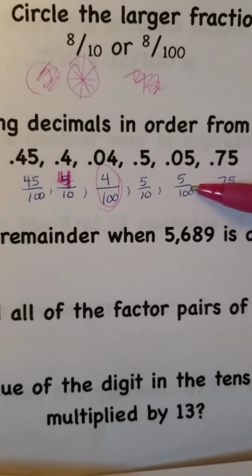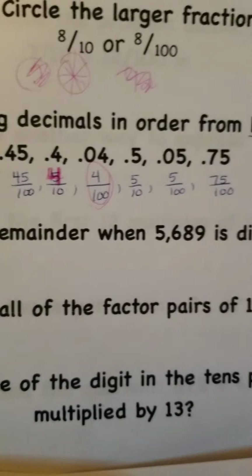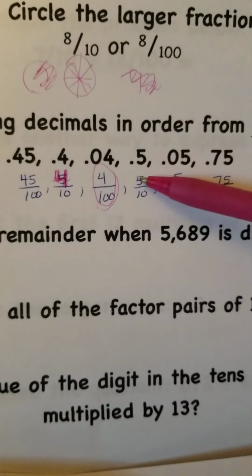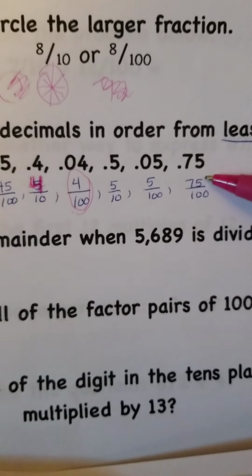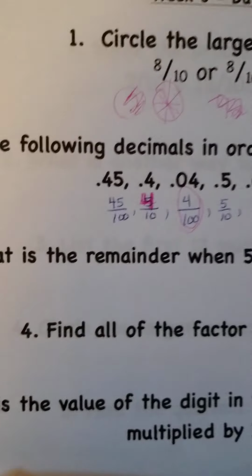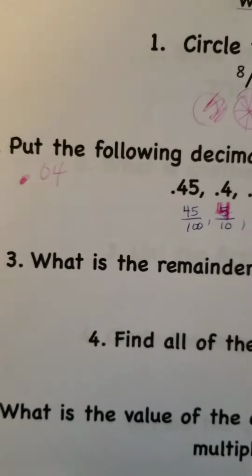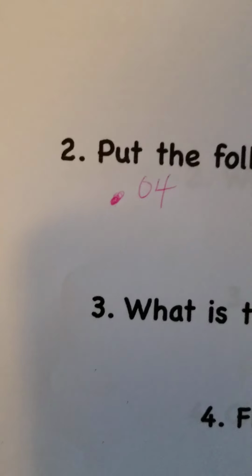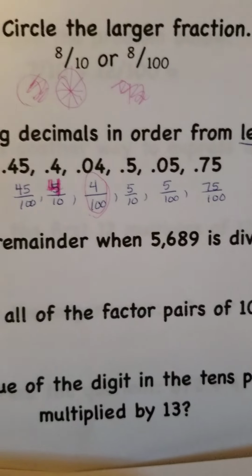Remember, 5 out of 100, 4 out of 100, 45 out of 100. Then you have 4 out of 10, 5 out of 10, 75 out of 100. So least to greatest. And your hint is 0.04 is the smallest, the least amount. Okay? So if it helps you to convert them first, go ahead and do that.